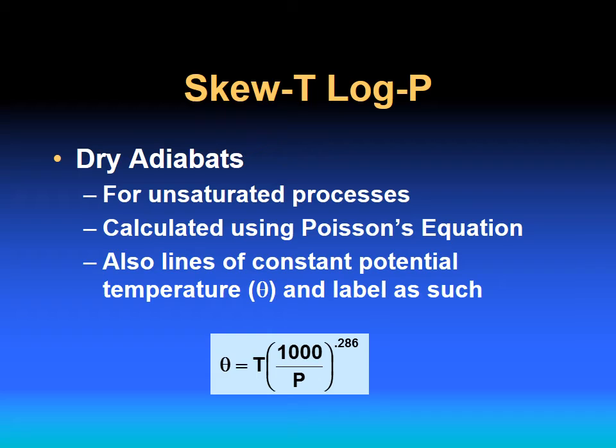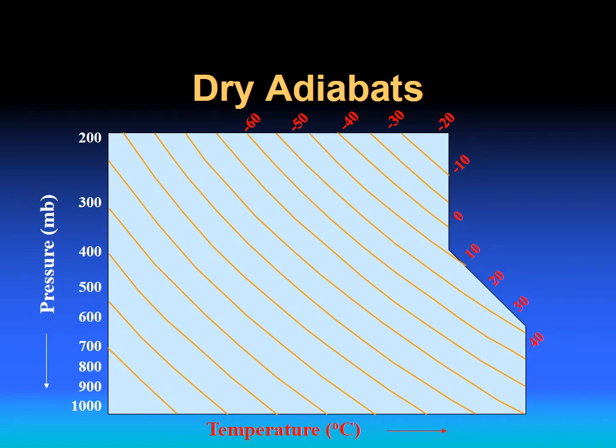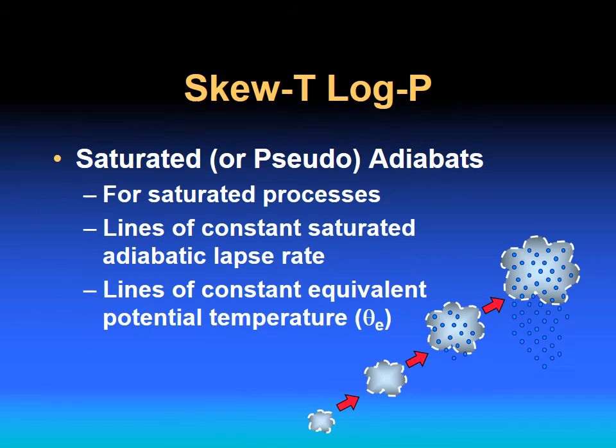So we calculate these lines, and these lines are lines of constant potential temperature. They're also the dry adiabatic lapse rate. But we're not talking about height, we're talking about pressure, so we have to use pressure to calculate these and not height. So this is what they look like, and this is what you would expect. They go off to the left as you go up through the atmosphere. In other words, temperature decreases as you go up following these lines. Each one of these lines is a line that you can follow starting at whatever temperature you're at.